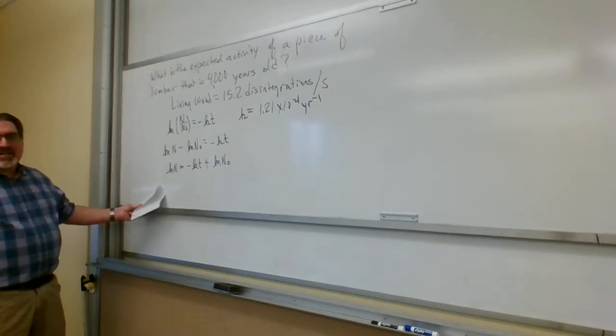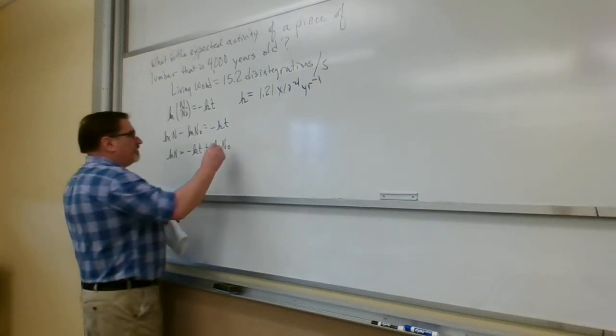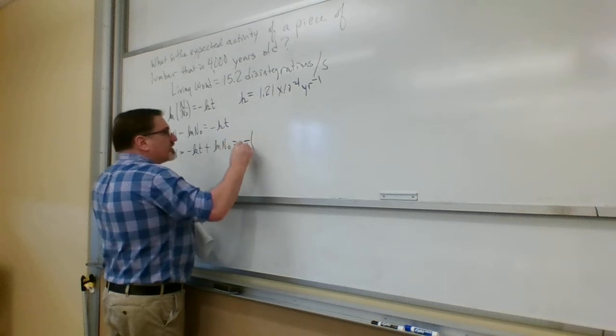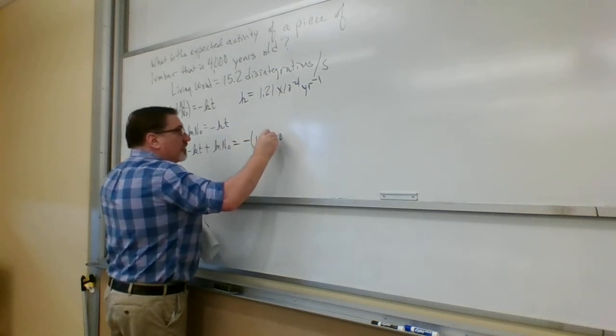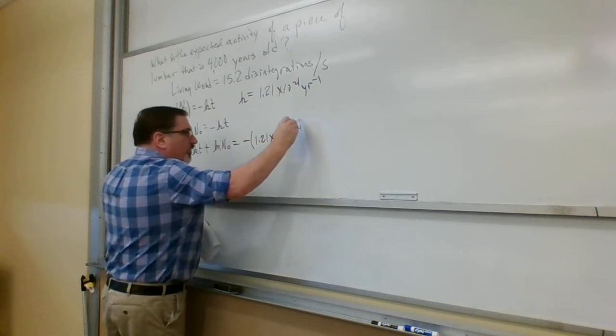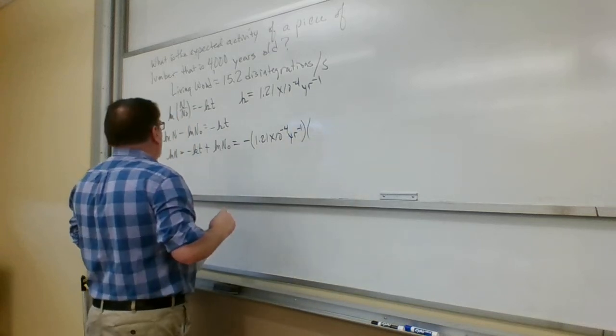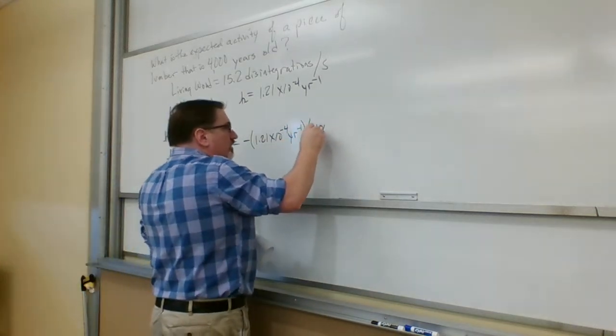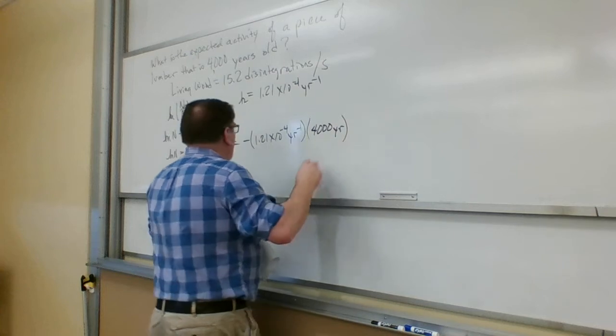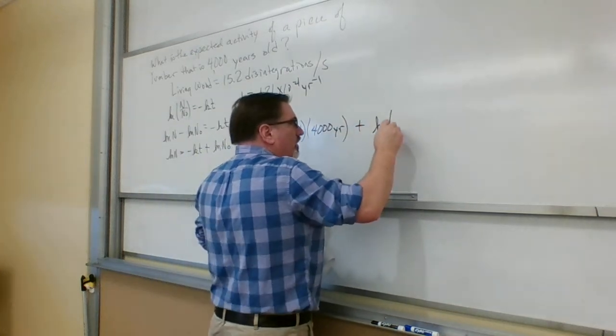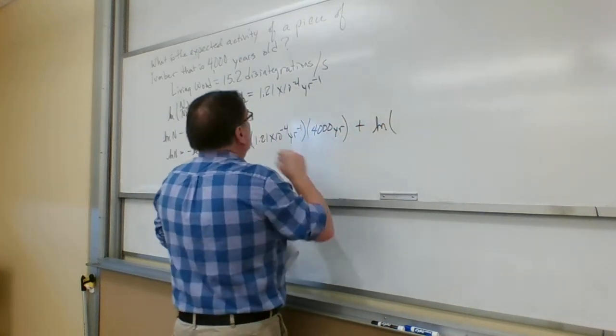So we can go ahead and plug in that stuff on the right. That's all the stuff that we know. So it's minus 1.21 times 10 to the minus 4th per year times 4,000 years plus natural log of n0, which is 15.2.